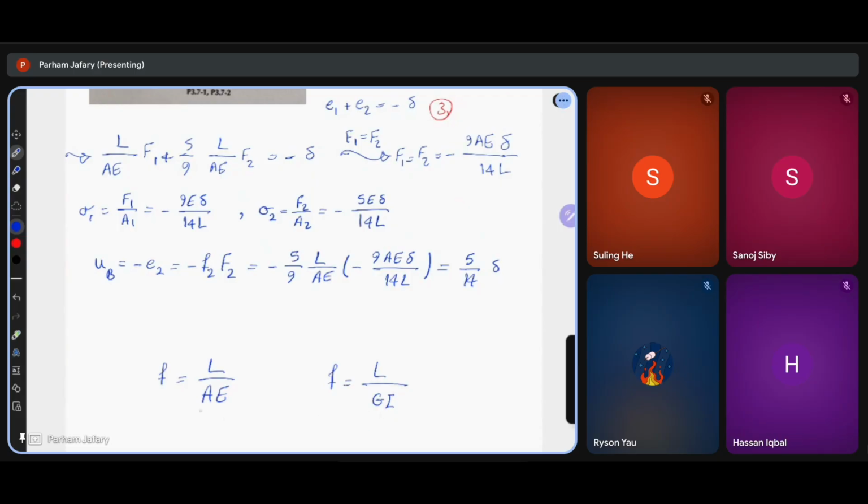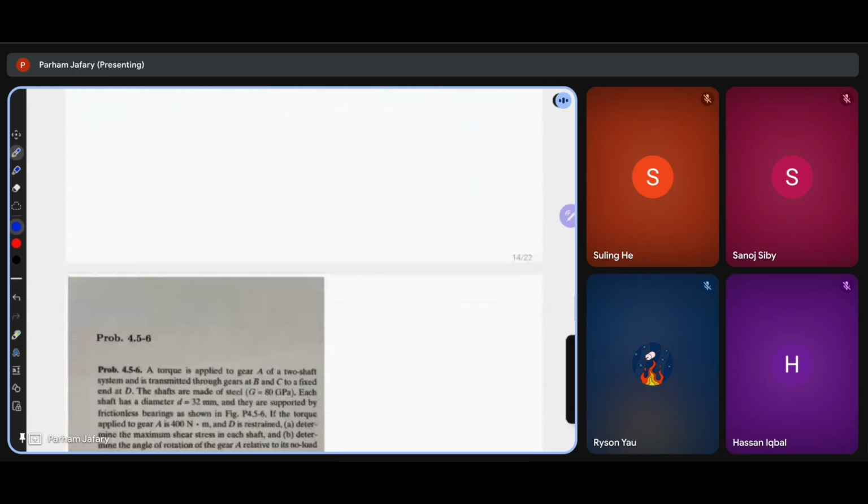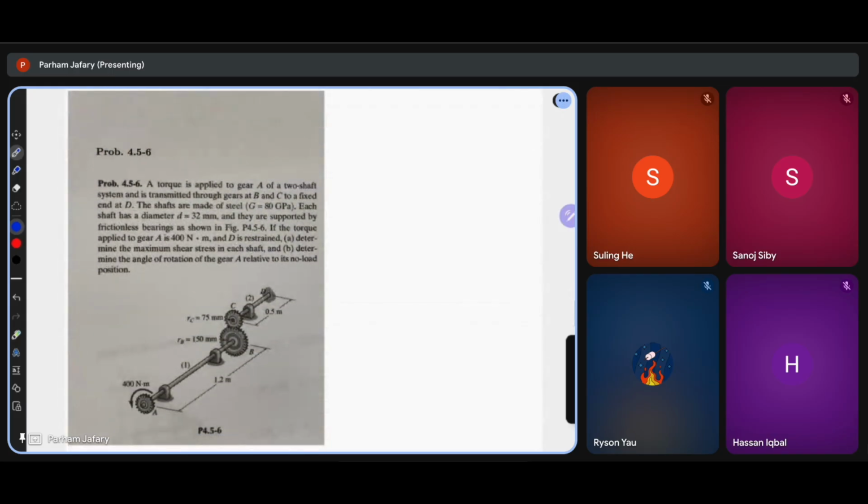So basically, the modulus of elasticity is replaced by the shear modulus, which is G, and the area is replaced by J, the polar moment of inertia of the cross section. So the concept remains the same.